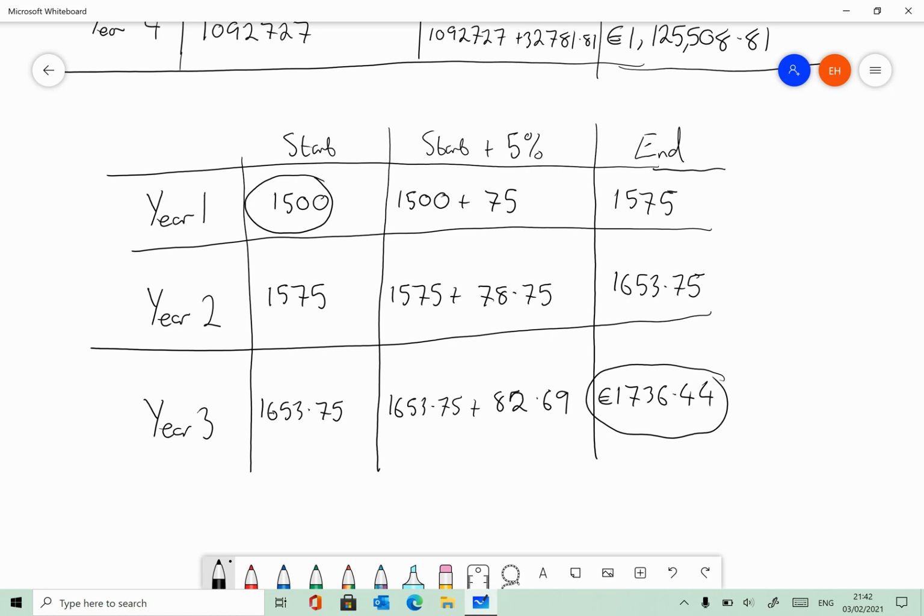Right, so I'll just check my answer at the back of the book, make sure I am correct. So when you're doing your sums, you should be checking your answer at the back as well. Question 13, 1,736.44. Yeah.